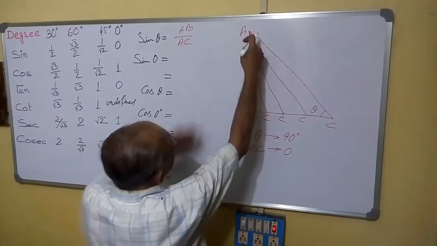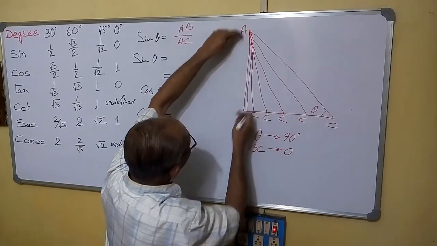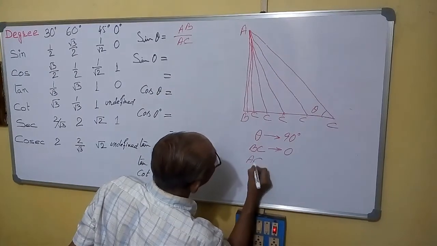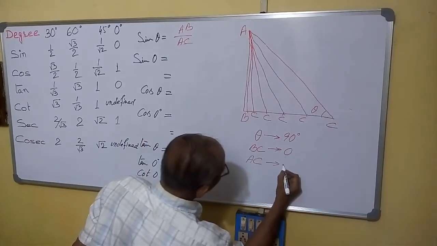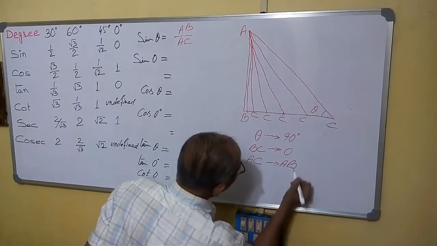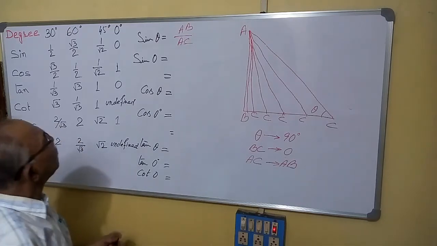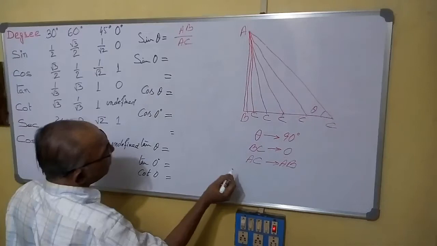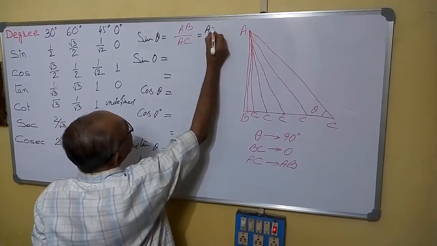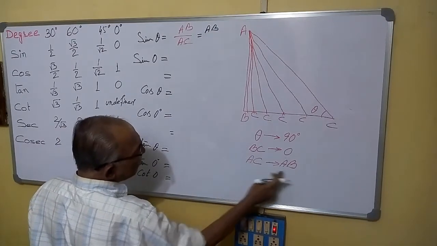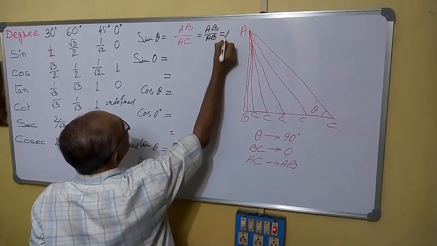What happens to AC? AC was here, in this way. Now see, AC is slowly becoming the same as AB. So AC is moving towards AB. What is the consequence? Sin theta equals AB by AC, and AC is also AB, so AB by AB equals 1.